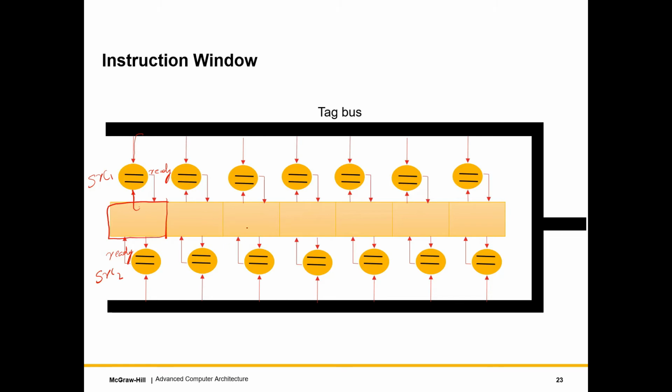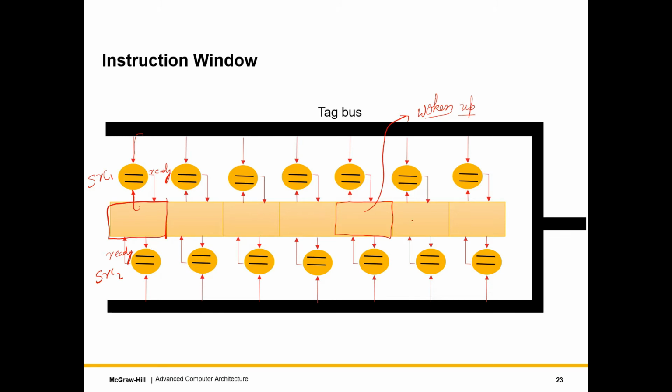Similarly here, if they match, we set the corresponding ready bit. This is done for every single entry, and for any instruction where both the ready bits are set, the instruction is said to have woken up. So every cycle, whenever we broadcast, we will definitely wake up some operands, and we will also wake up some instructions if the rest of the operands are ready.